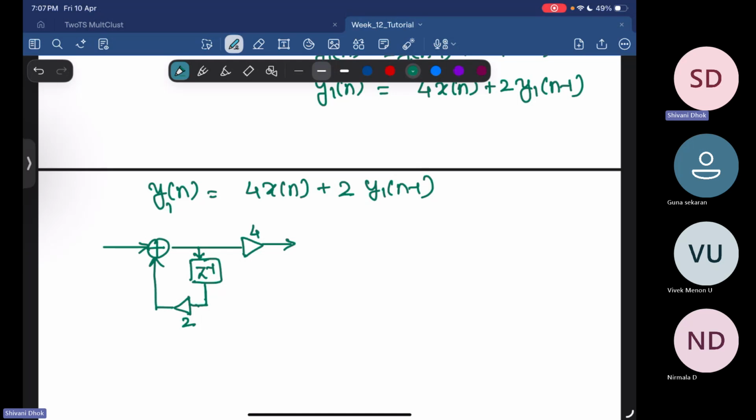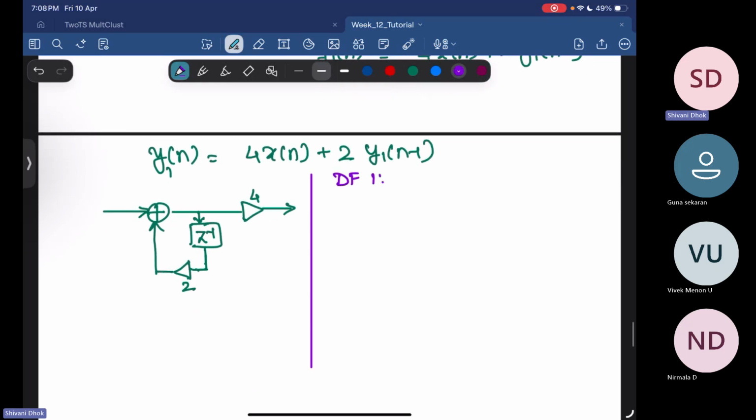If this is incomprehensible right now, I'll do direct form 1 first and then map it back to direct form 2. So just a small digression. If you have direct form 1 representation, this is your x of n.